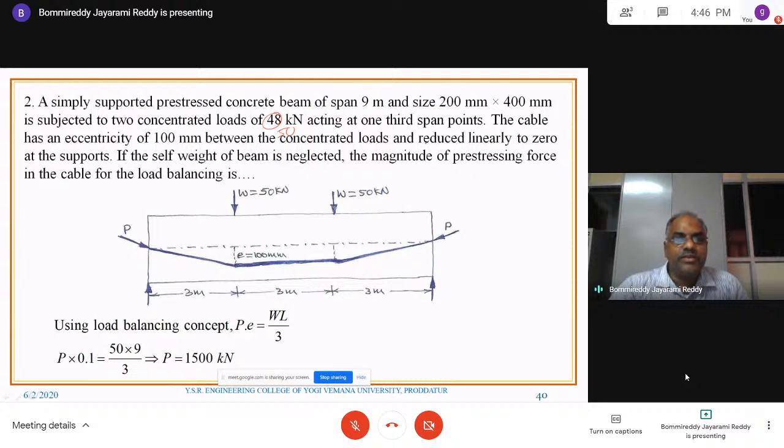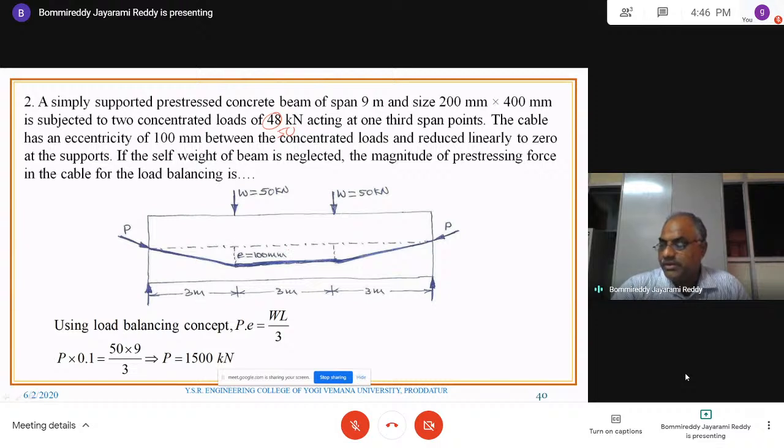The cable has an eccentricity of 100 mm between the concentrated loads and reduces linearly to 0 at the supports. If the self weight of the beam is neglected, the magnitude of the pre-stressing force in the cable for the load balancing is, the load balancing concept. What is the load balancing concept?